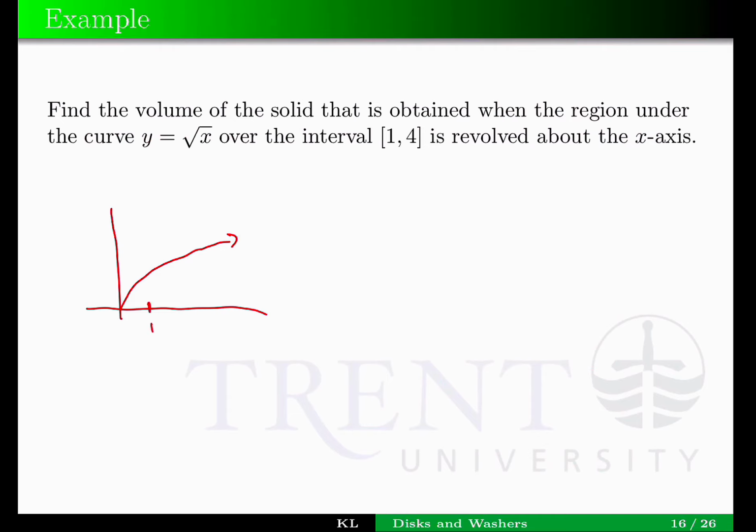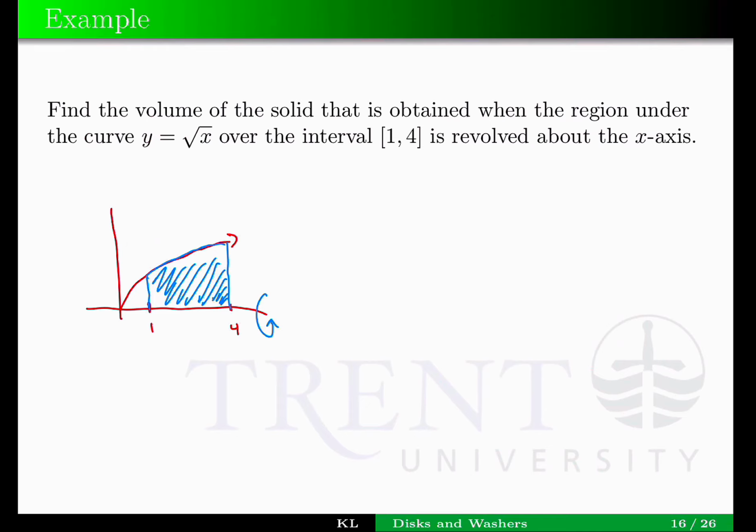Say this is 1, this is 4. The region we are considering is this part here. And we want to revolve this region about the x-axis. So the axis of revolution will be at this point.